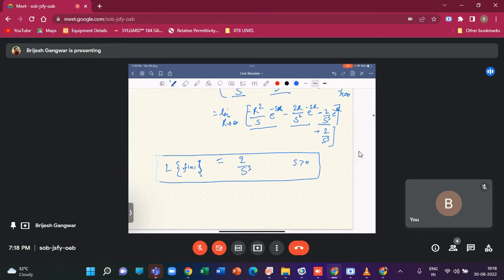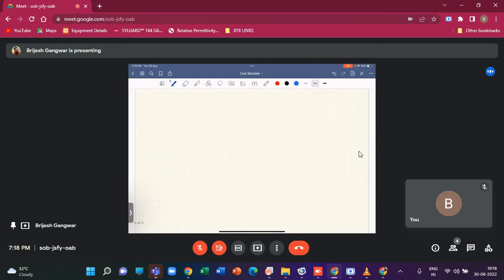These are some basic functions. You have to first find them from the definition, then you have to remember them. You do not need to solve it every time in a question. Whenever you get this function, you can just put its Laplace transform. Another basic function is e to the power ax.